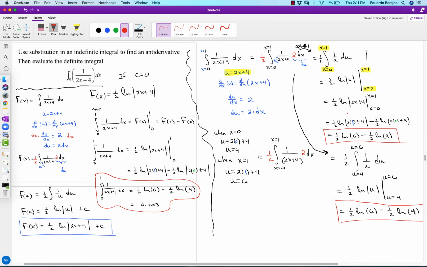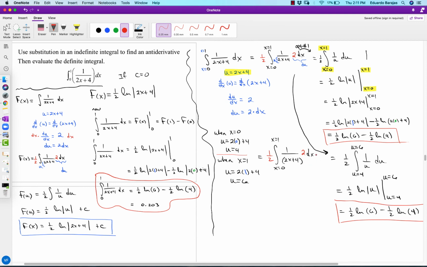Okay? On the other hand, what we could do is go off to the side and figure out how the new substitution of u gets affected by the limits of integration. So you can change the limits of integration into the variable u. So now we can figure out when x equals 0, we get a u of 4. When x equals 1, we get a u of 6.